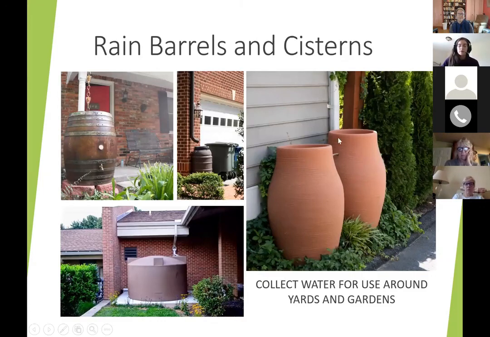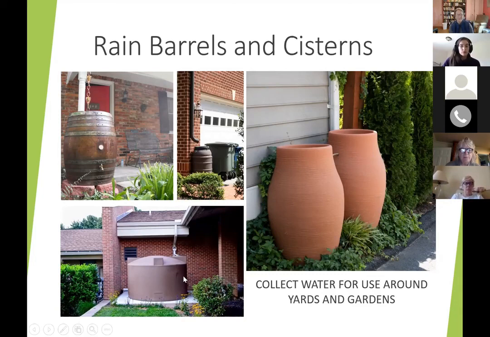You can see a lot of these pre-made solutions that you can buy at home improvement stores or other places. There's also the Northern Virginia Rain Barrel Partnership. I'm not sure how they're doing nowadays with distribution or those build events that they typically have, but I'm sure they have more information on their website.